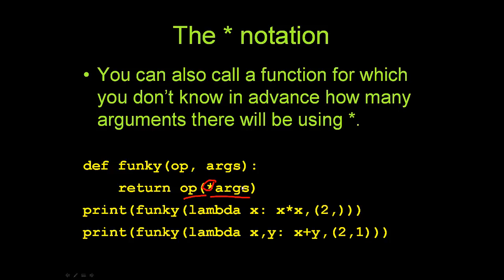So 2 is the args, and lambda x squared is actually the op. So now what happens here is that 2 is applied to x. And later on, if you do lambda x y, x plus y, then 2 becomes x and 1 becomes y. So you get 4 and you get 3.